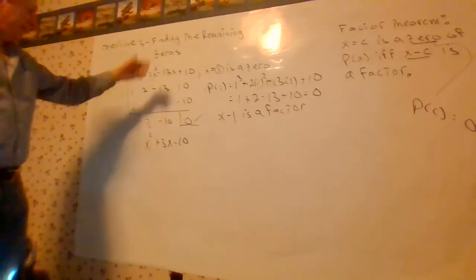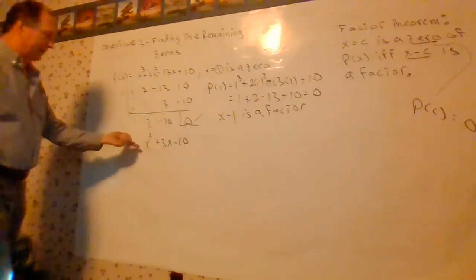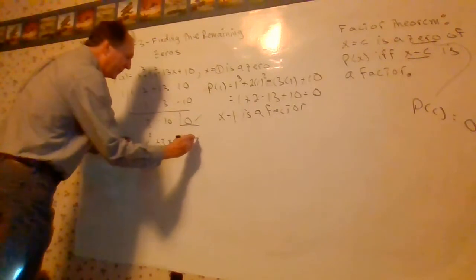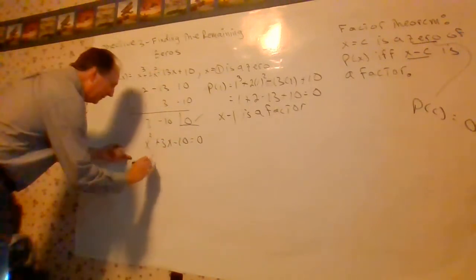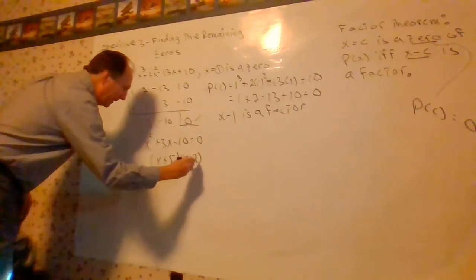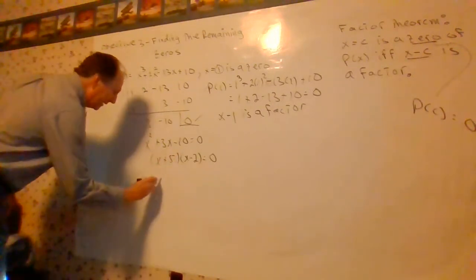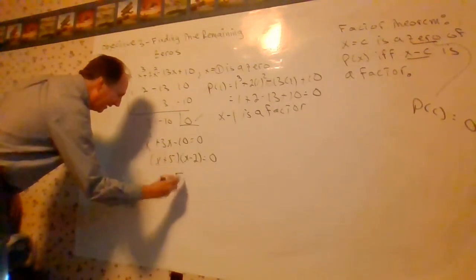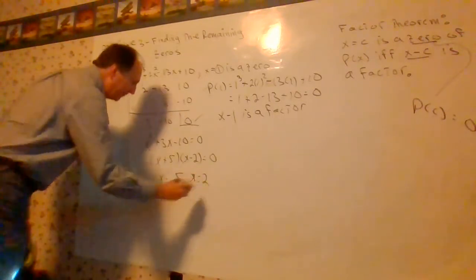We could continue synthetic division, but this is a quadratic. You could set this equal to 0 and factor, and it gives you x plus 5, x minus 2 equals 0, and we get x equals negative 5, x equals 2.